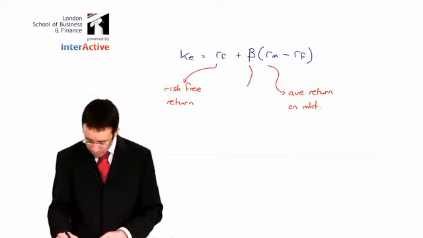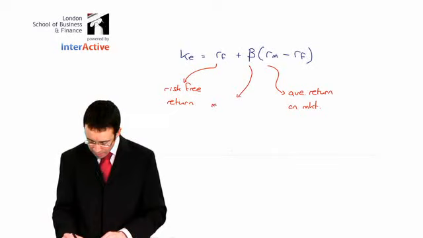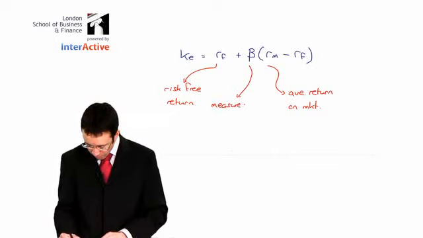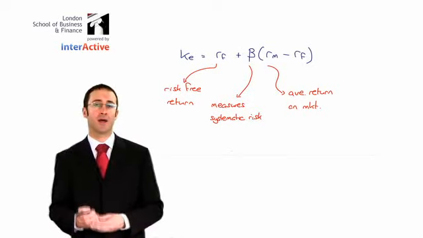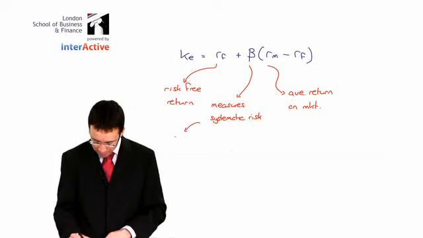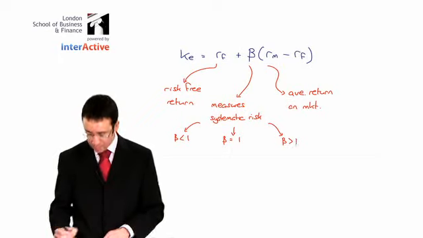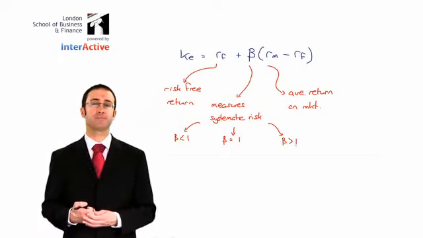What you've then got is your beta factor. All that does is measure the level of systematic risk that your share has. You can have a beta factor less than 1, equal to 1, or greater than 1.